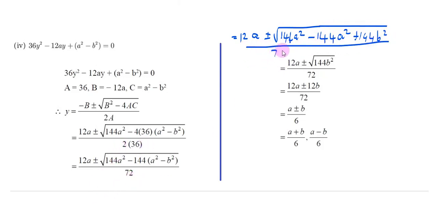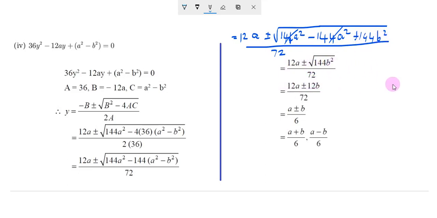Now look, 144 a square and 144 a square will be cancelled. So the next step becomes 12a plus or minus root of 144b square, whole divided by 72.